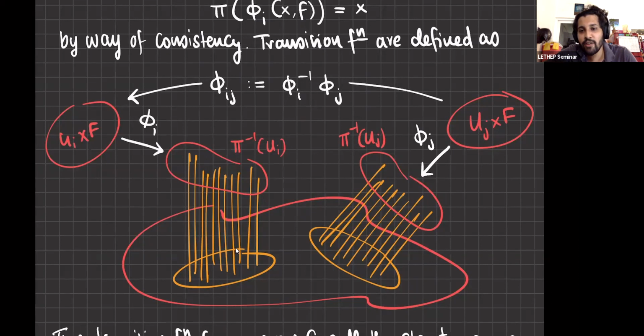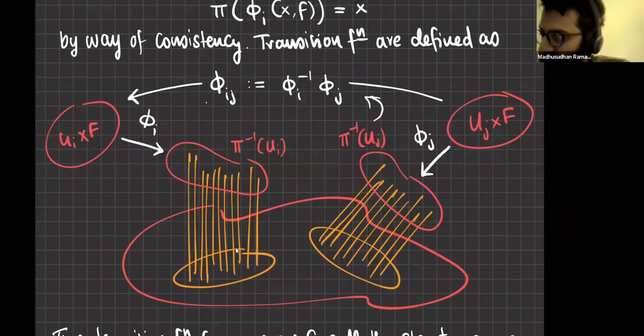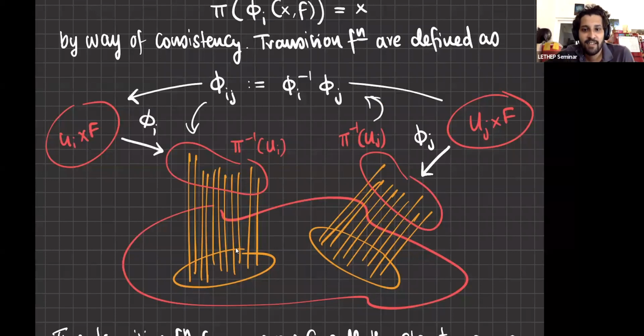Madhu, the arrows that you're drawing are actually from pi inverse of Uj to pi inverse of Ui, the phi ij's. So it's not from Uj cross F to Ui cross F; it's from pi inverse of Uj to pi inverse of Ui. That's right. I need to have it like this, right? Yes. But now it will be phi j inverse and phi i.